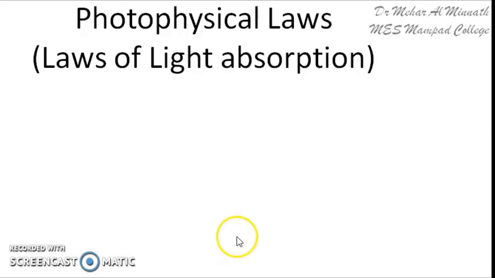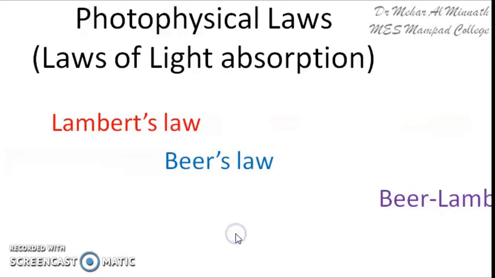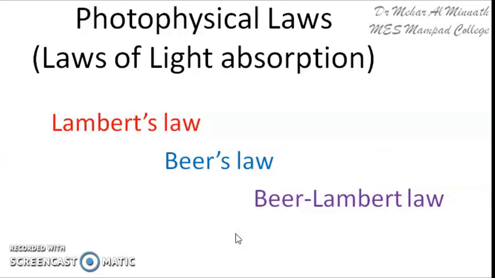There are three photophysical laws, namely Lambert's law, Beer's law, and Beer-Lambert law. It is these three laws which can be used to explain the absorption of light by molecules. Let us see each law individually.